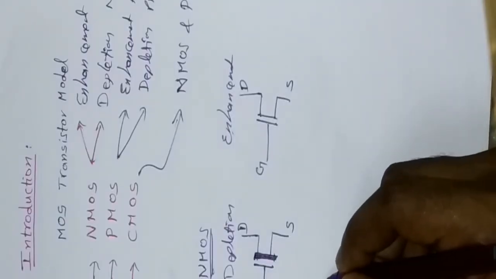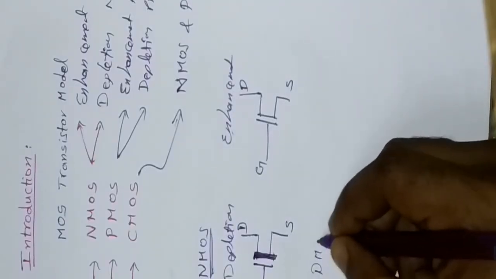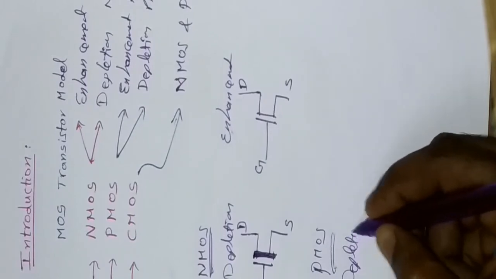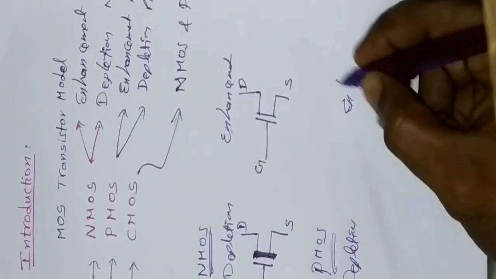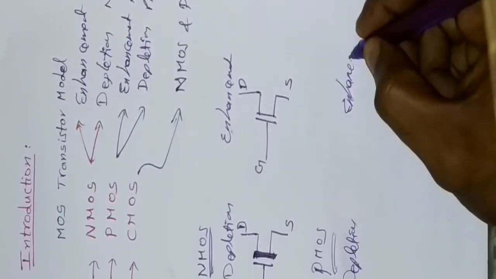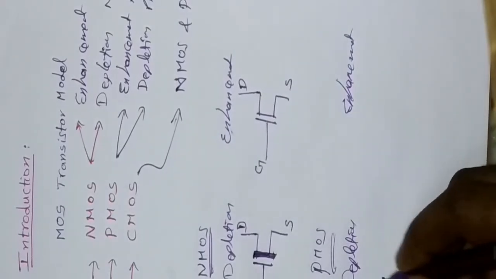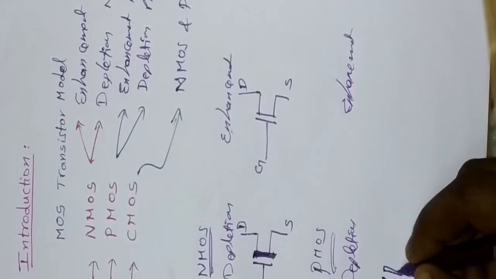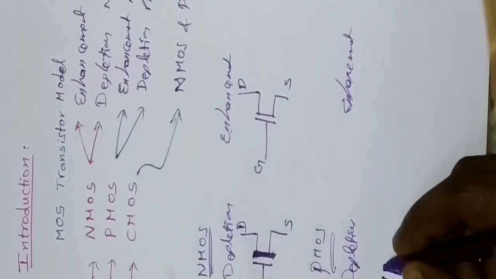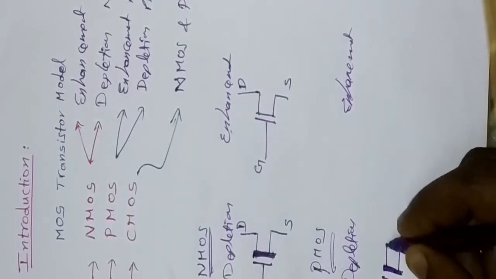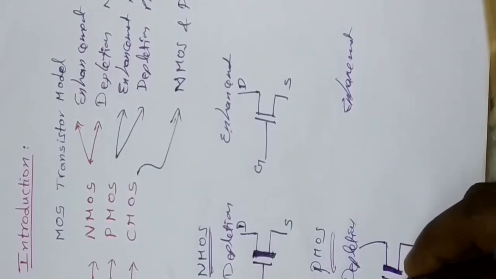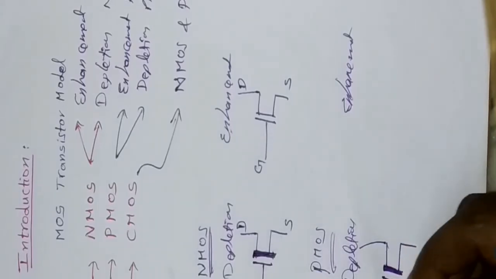And coming to the PMOS transistor model, the depletion mode transistor and enhancement mode transistor. The depletion mode transistor should be like this, and simply we can use one bubble indication here.